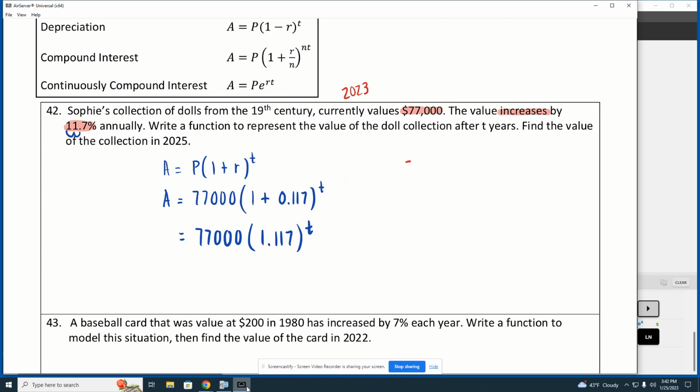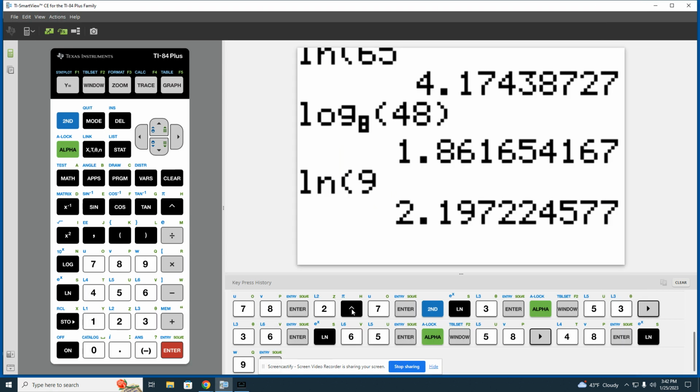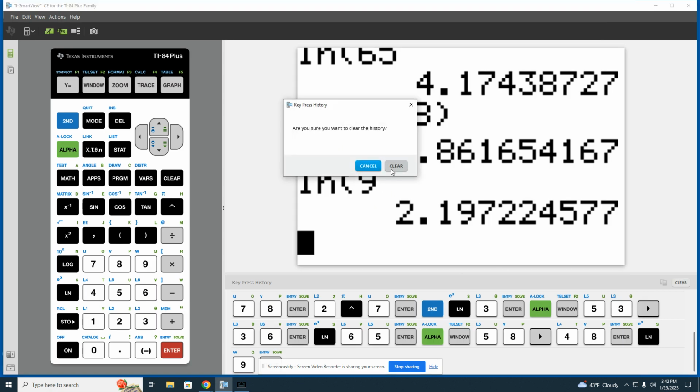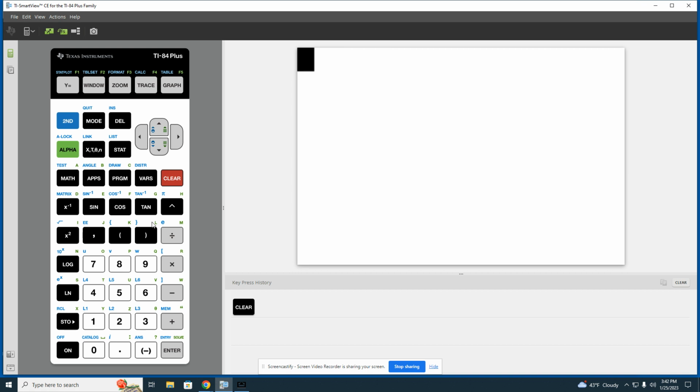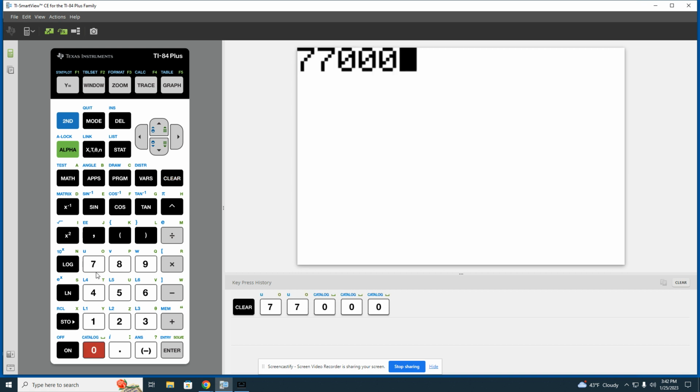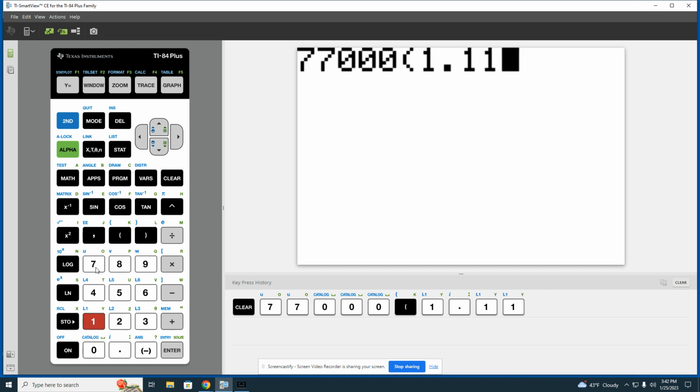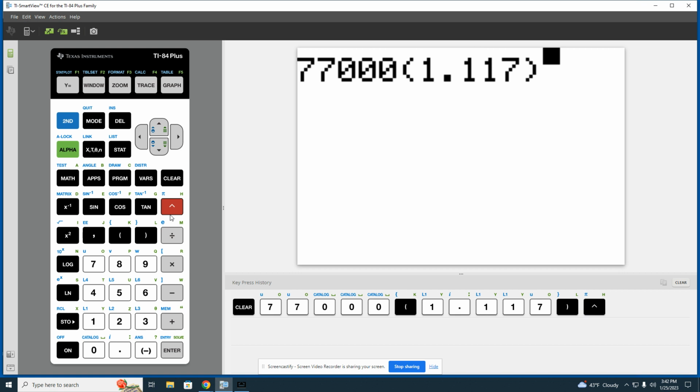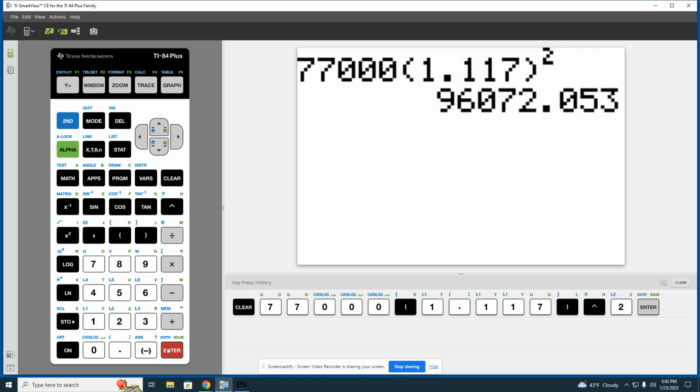So go to your calculator and type in 77000 times 1.117 raised to the second power. Okay? So let me clear this. So I'm going to type in 77000 open parenthesis 1.117 raised to the 2 years.